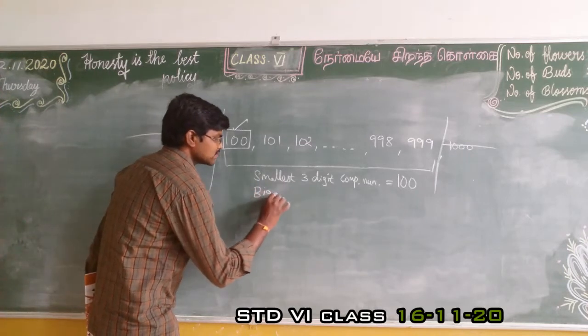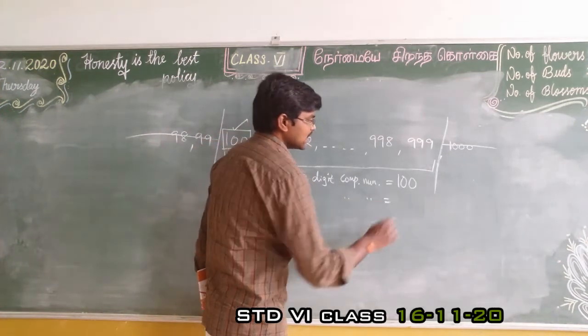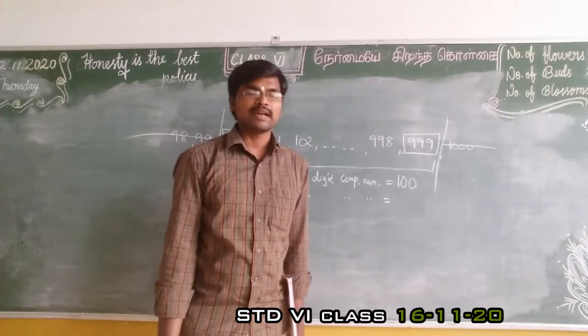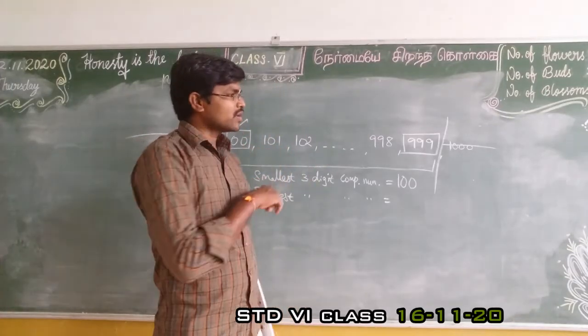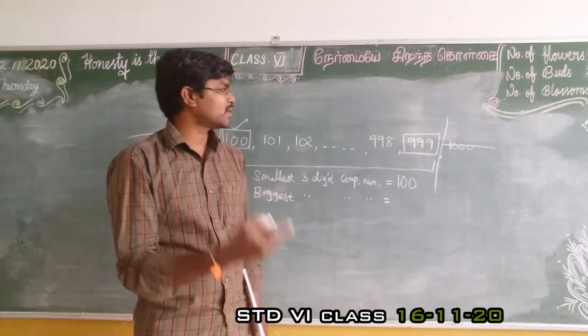So the biggest 3-digit composite number is, see, this is the last number, 999. I think so. 999 has the possibilities.